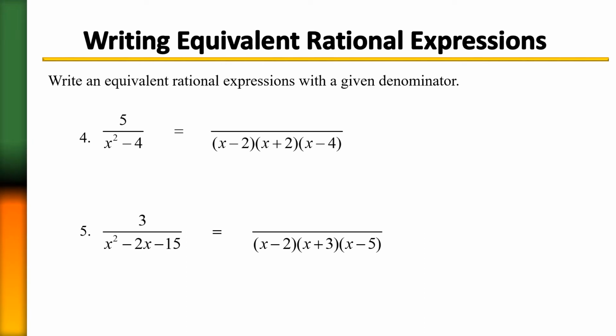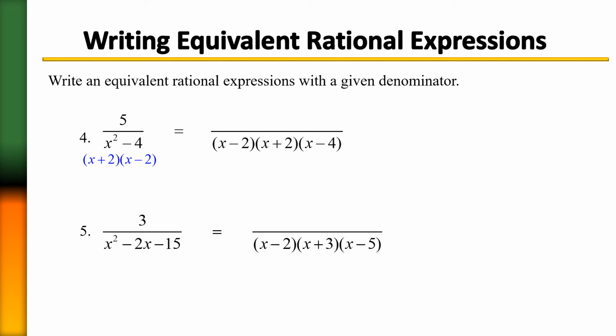So step 1 in example 4 here is we have to factor this difference of squares, and we know that factors into x plus 2, x minus 2. And then we want to say, what do we need to multiply that difference of squares with in order to get your denominator of x plus 2, x minus 2, x minus 4?